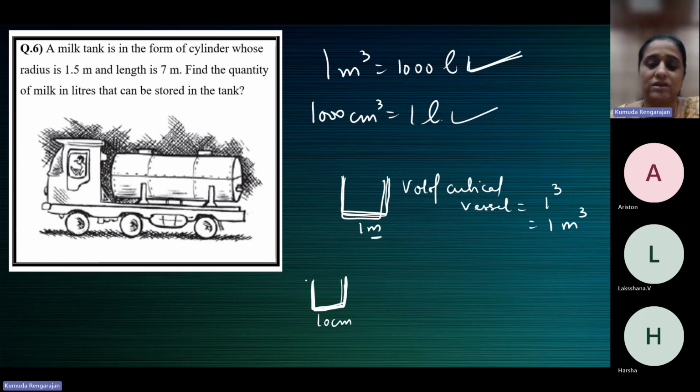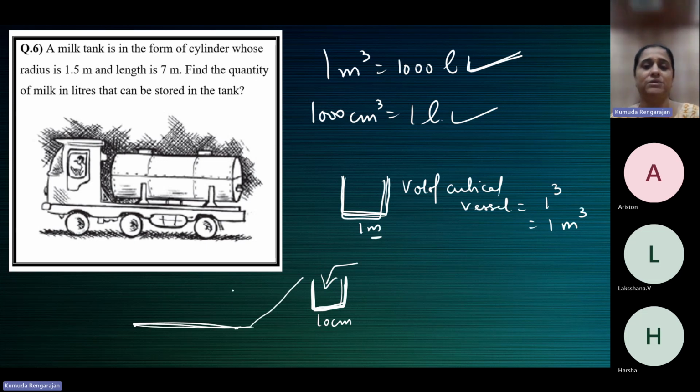Now this vessel, whose volume is 1000 centimeter cubed, can hold 1 liter of liquid, because it's just 10 centimeters. You can imagine your scale, 10 centimeters. So length 10 centimeters, breadth 10 centimeters, and height 10 centimeters. That vessel can hold 1 liter of liquid.